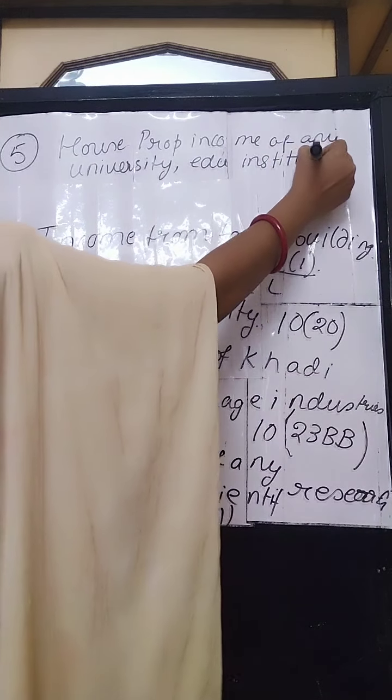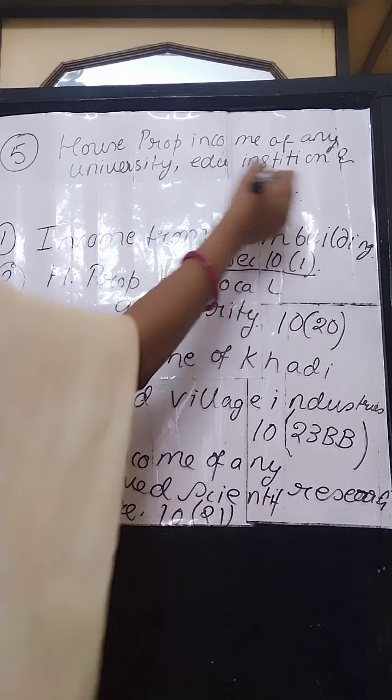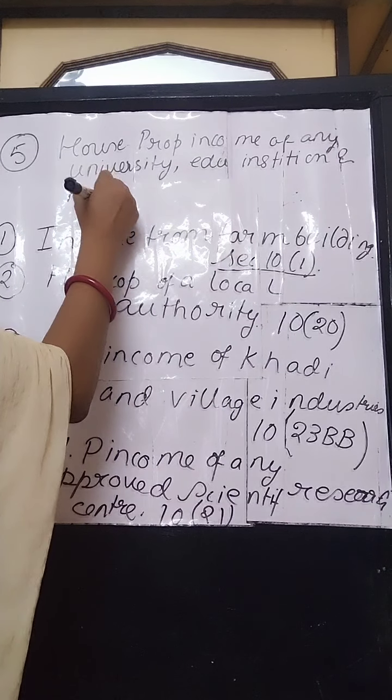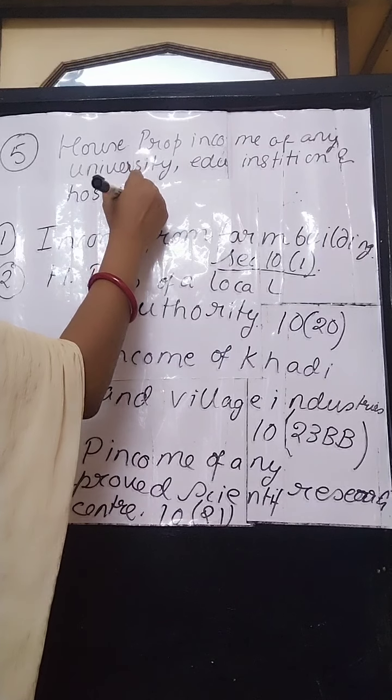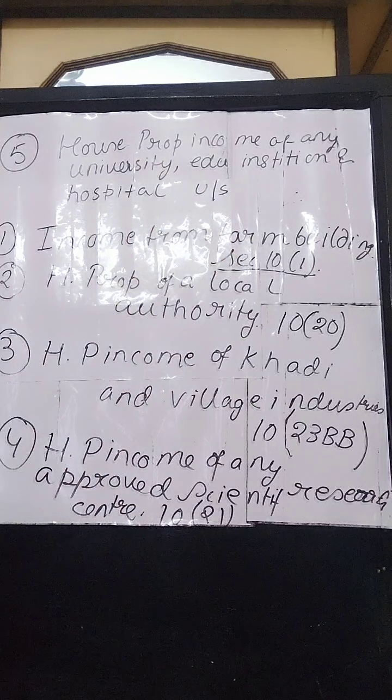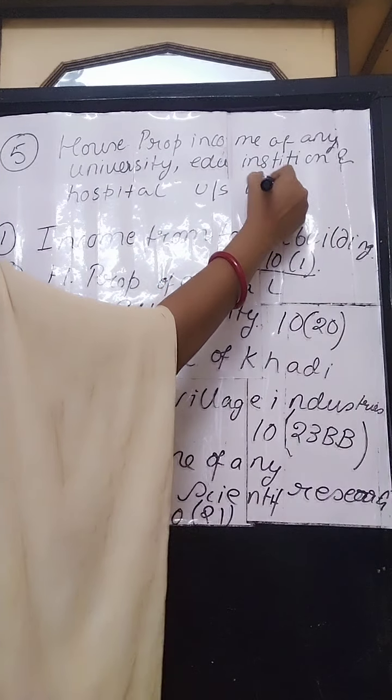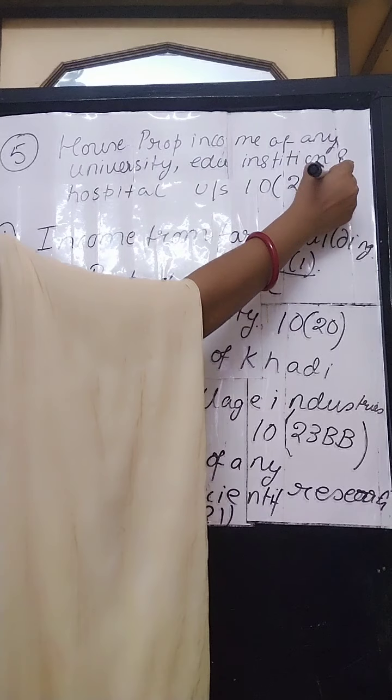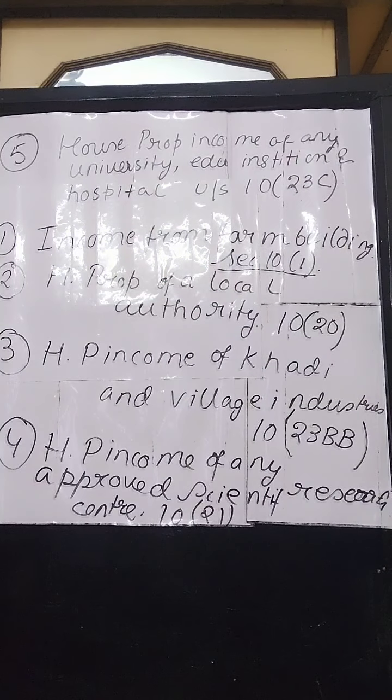Educational institution and hospital will not be charged as income from house property, and this comes under section 10 subsection 23C, capital C. These are very easy to remember.